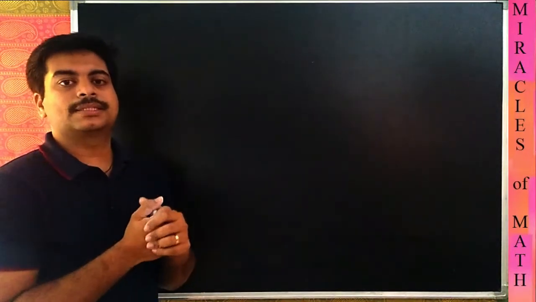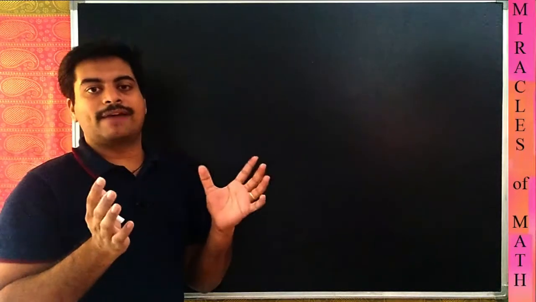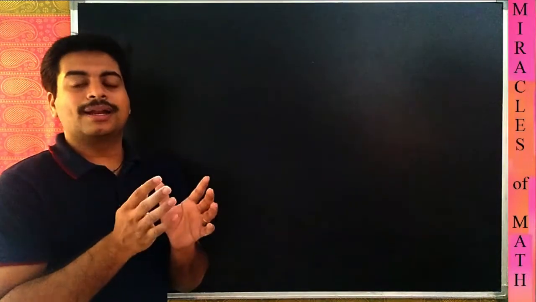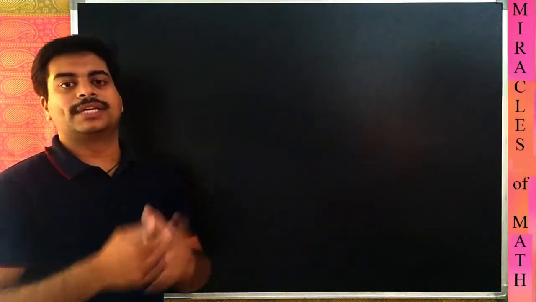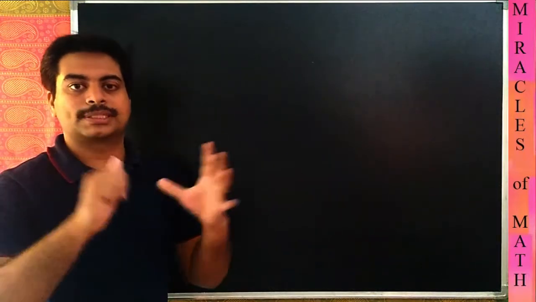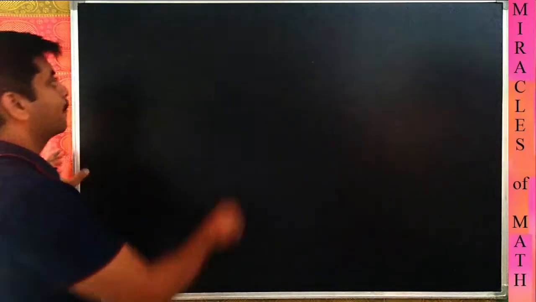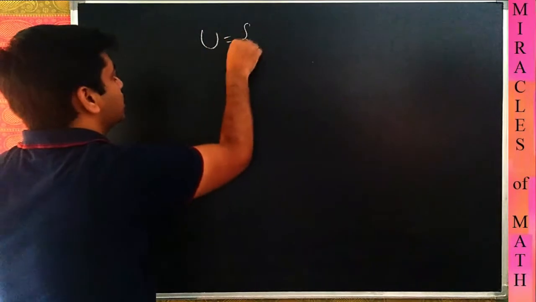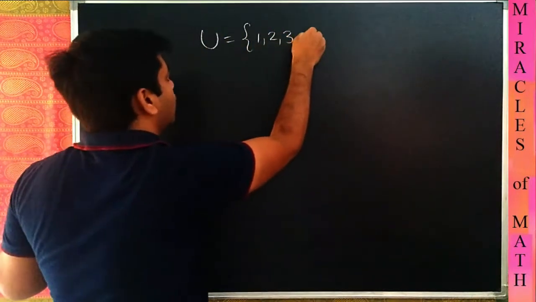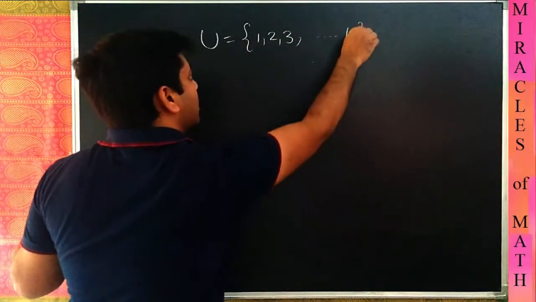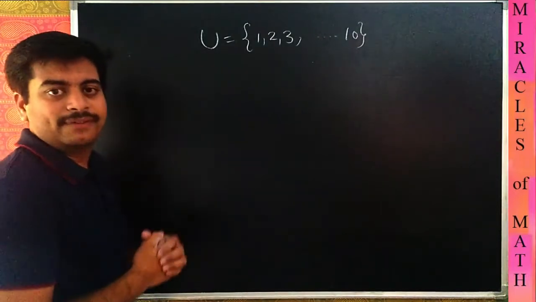Venn diagrams mean whatever elements we have in the set are treated in a circular way, in a rectangle box. Let us say you have a universal set 1, 2, 3, 4, 5, 6, 7, 8, 9, 10. That is the parent set we have.